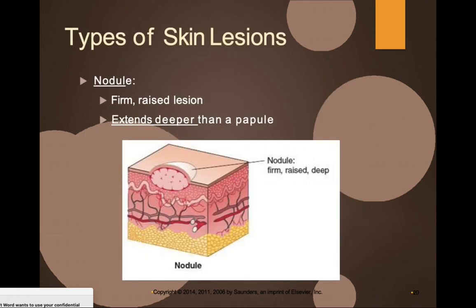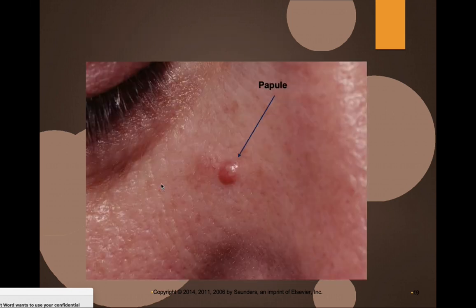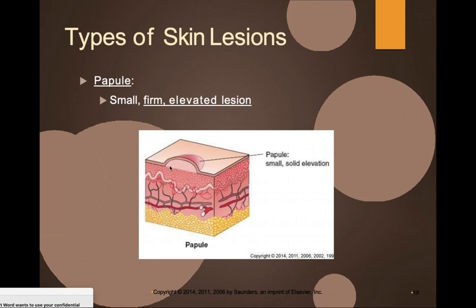A nodule is a firm raised lesion, but this one extends a little bit deeper than a papule. This one looks like it's invaded into the deeper part of the epidermis, right? Here, this is kind of in the epidermis, and it kind of blisters upward, right?